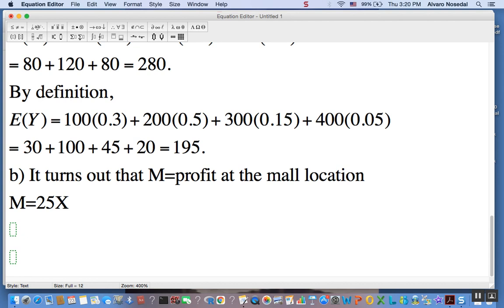As you can imagine from what we did in part A, we're going to apply the definition again.